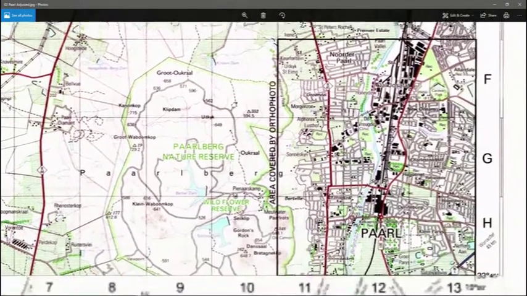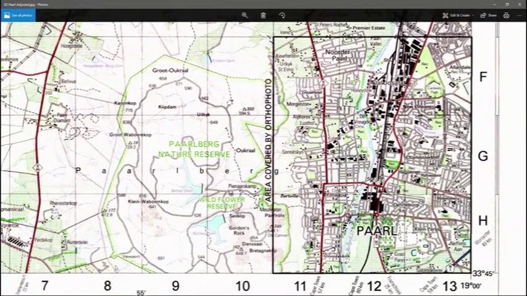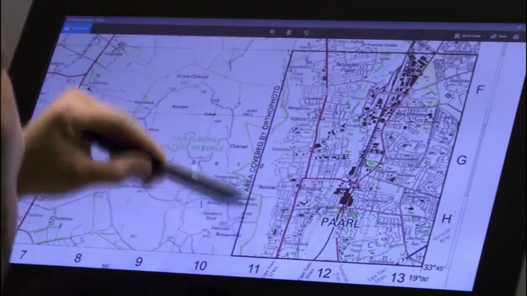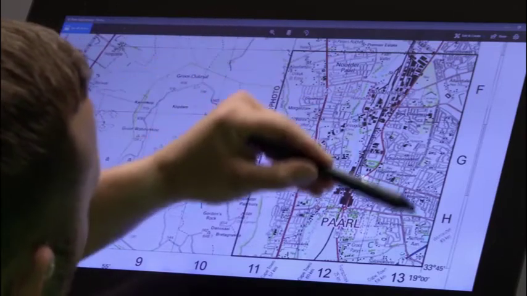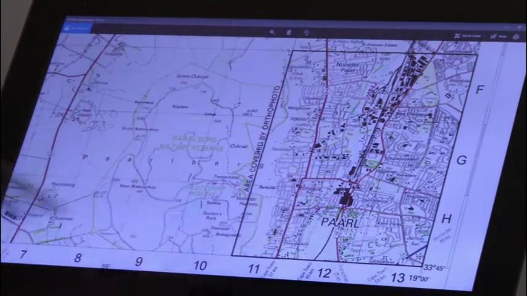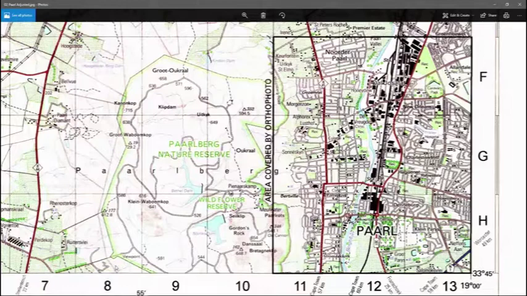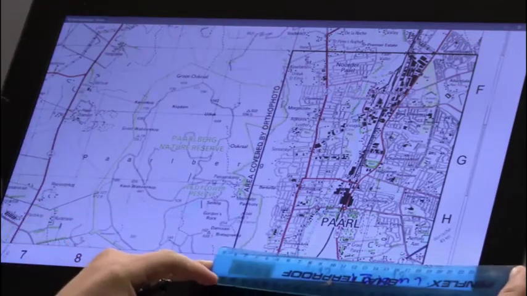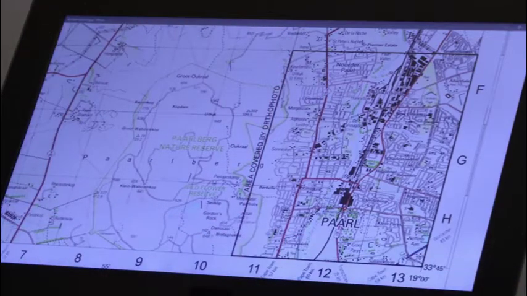Many times they do ask you to calculate the area that is covered with the autophoto in square kilometers. So basically what you need to do is calculate your length with your ruler, your breadth with your ruler, but keep in mind, because we're working on a topographical map, you need to times it with 0.5 to get kilometers and 500 to get meters.